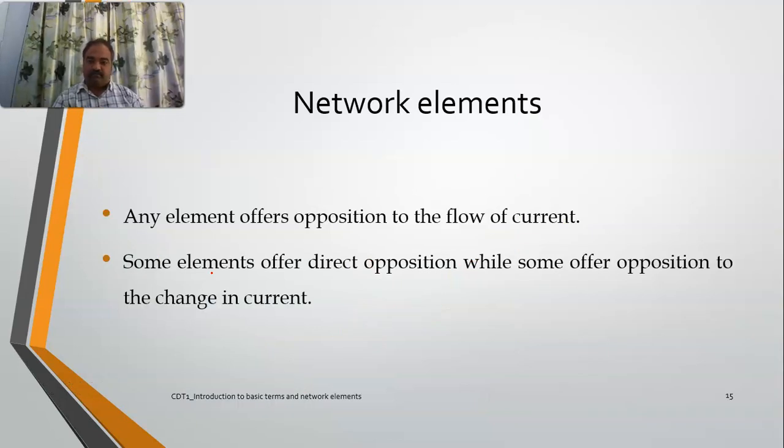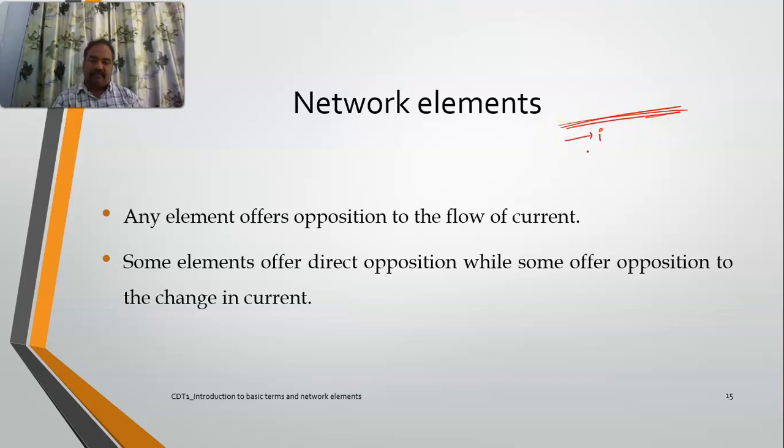Before I start, I would like to say one thing: all these three network elements offer opposition to the flow of current. As already I told you, current is nothing but the flow of electrons in the medium, right?